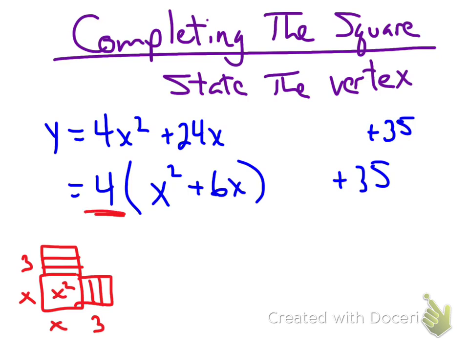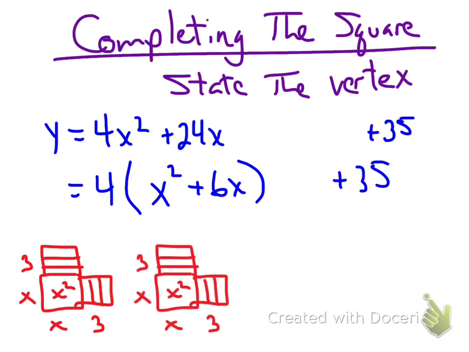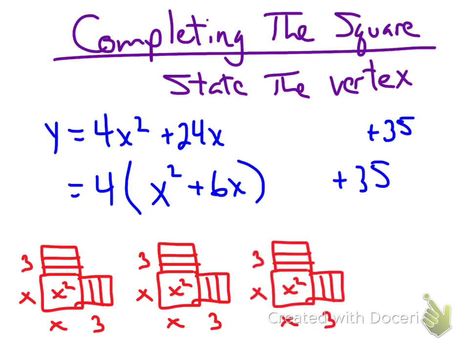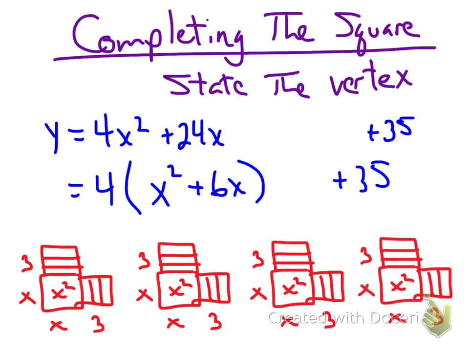I have 4 sets of these, so I would do this 4 times. And now if you look at that, I have 4 x squareds and 24 x's. But to complete all of those squares, I need to add 9 each time.